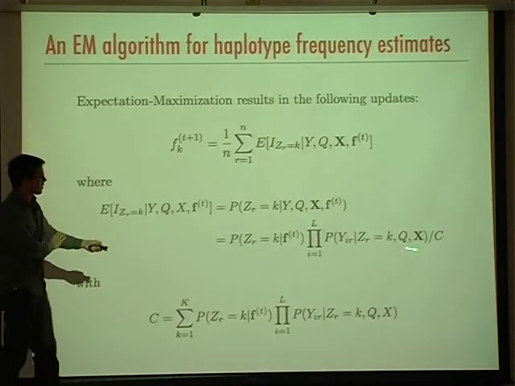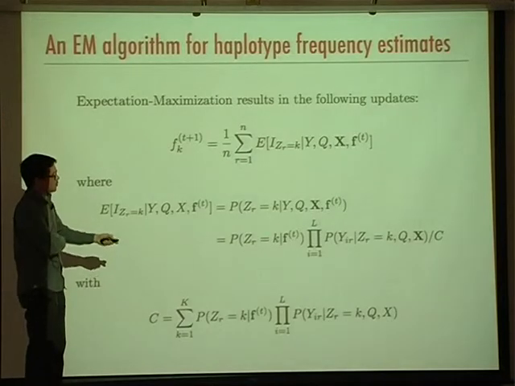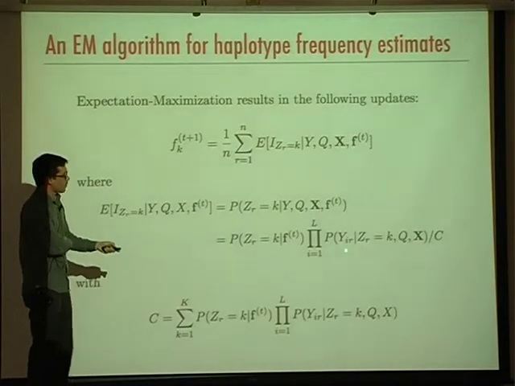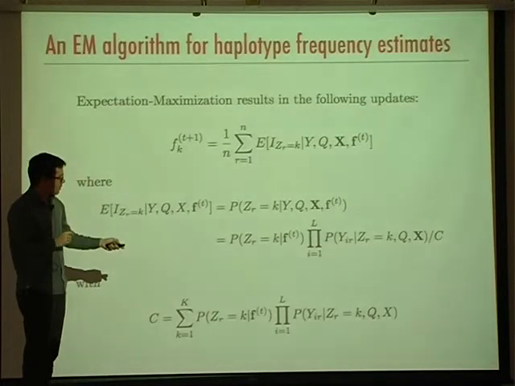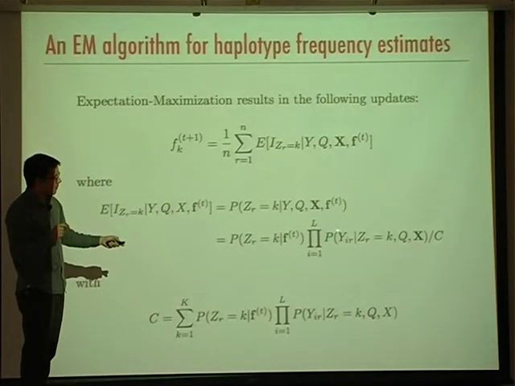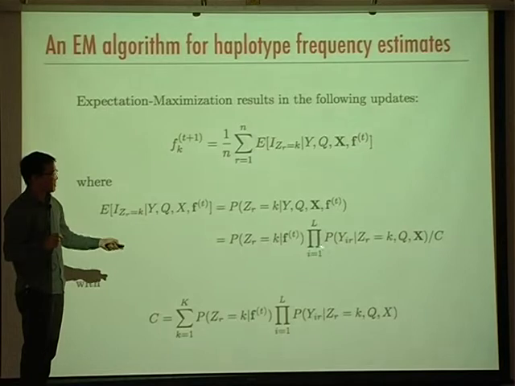It's just a normalizing constant. And then these two terms we want to look at. So let's focus on this part right here. This is a product over the bases where we compute the probability of the base given which haplotype it comes from, which quality score it has, and what the founder sequences are. So this is really just the error model.